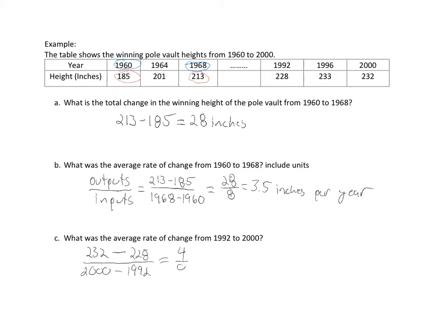That gives us 4 over 8, which is 0.5, and our units would be inches per year. So what this is showing is that the growth, the amount that the winning height is increasing from 1992 to 2000, is not nearly as much as from 1960 to 1968. In other words, people are not improving their height as much in these later years.